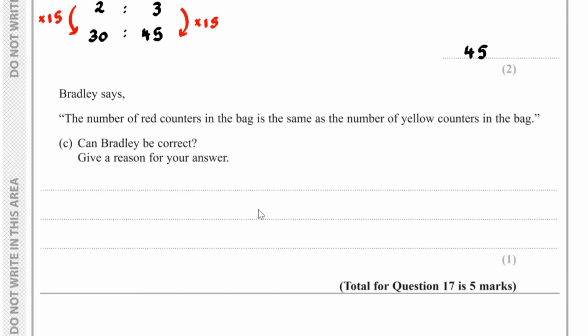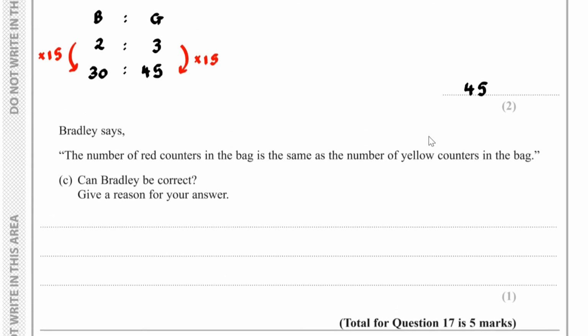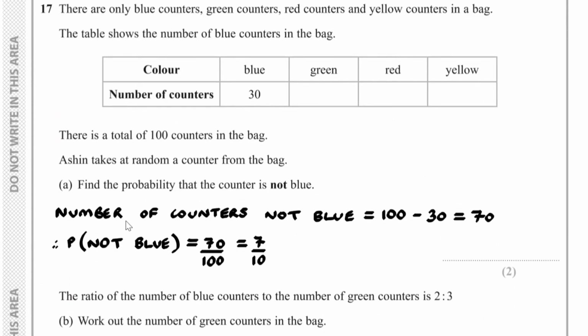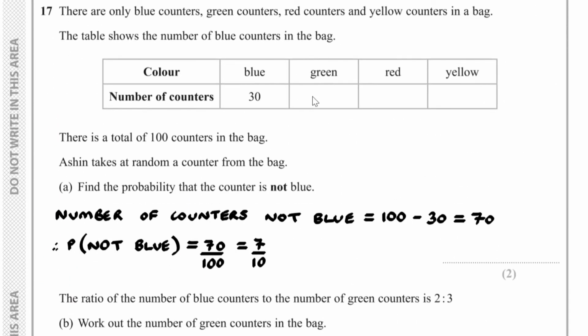Bradley says the number of red counters in the bag is the same as the number of yellow counters in the bag. Can Bradley be correct? Give a reason for your answer. Well, what we've just worked out is that there are 45 green counters.